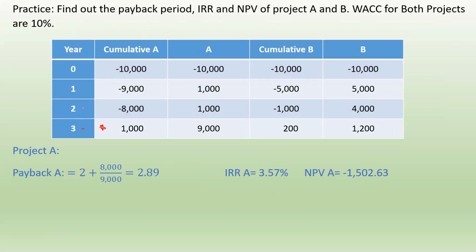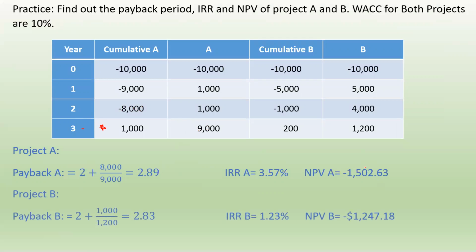So the payback period for A should be 2 plus 8,000 divided by 9,000, which is 2.89. IRR is 3.57%, and the NPV is negative 1,500.63.